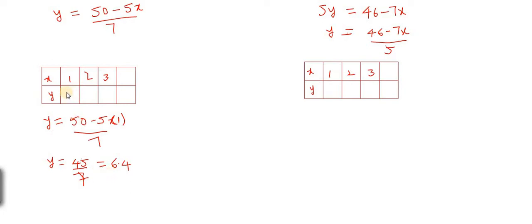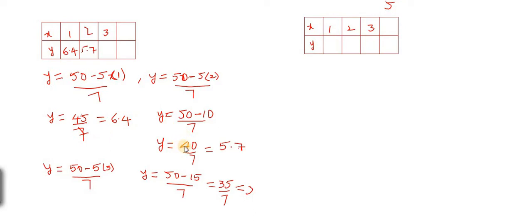Next, if x is equal to 2, then y is equal to 50 minus 5 into 2, divided by 7. Simplifying, y is equal to 40 by 7. If we divide 40 by 7, you'll get 5.7.